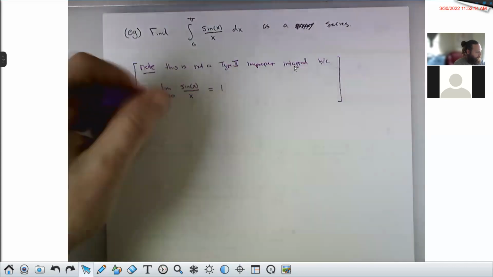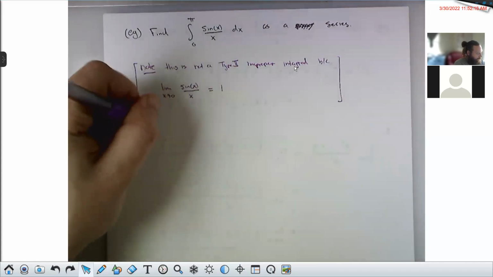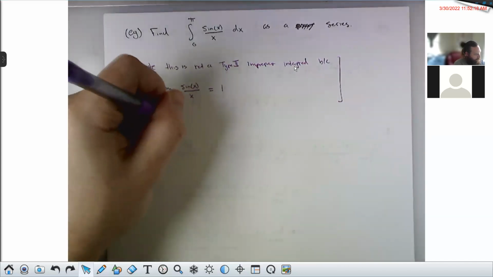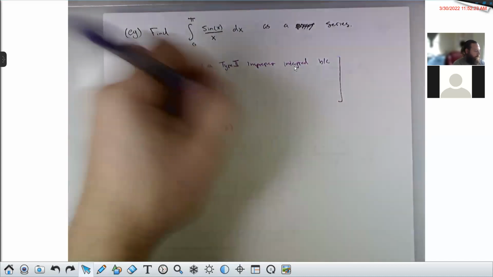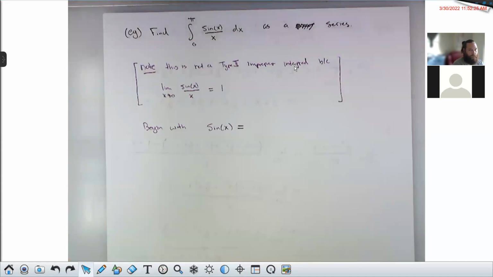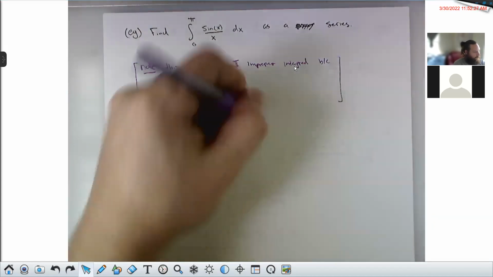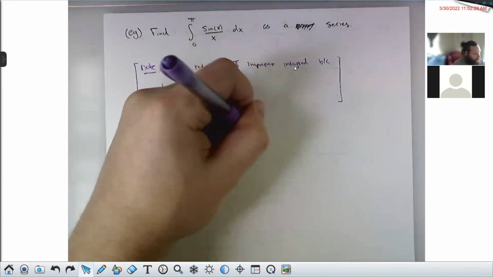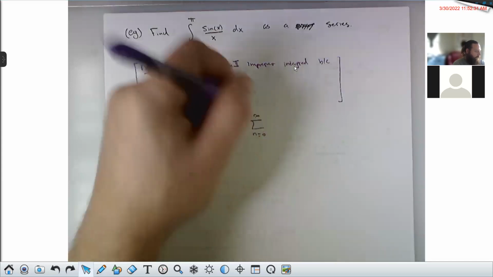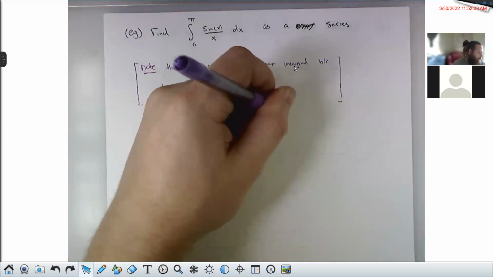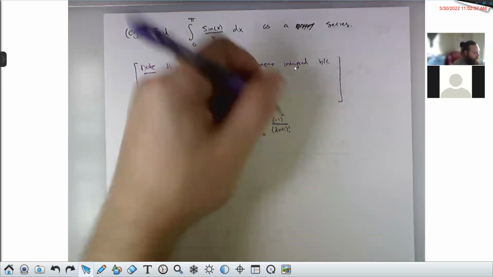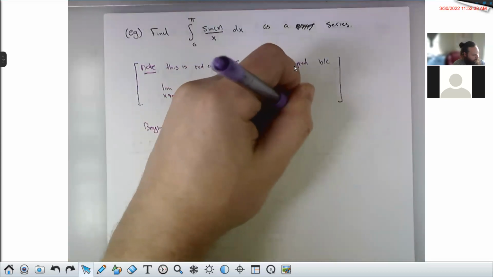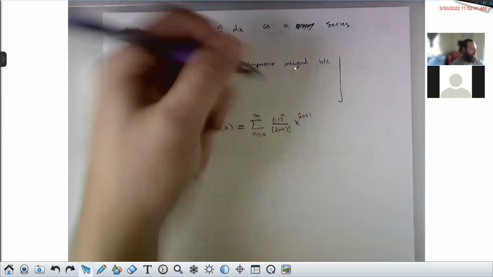So where do we begin? We begin with the power series for sine x, which is sigma n from 0 to infinity, -1 to the n over 2n plus 1 factorial times x to the 2n plus 1.